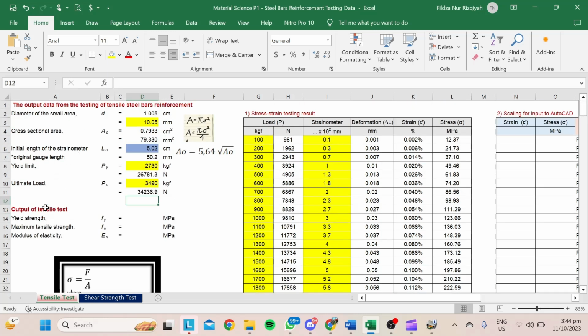From the tensile test, there are three outputs that we can determine in the end: yield strength, maximum tensile strength, and modulus of elasticity.